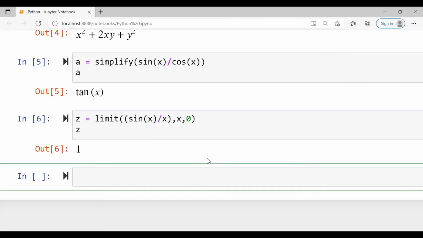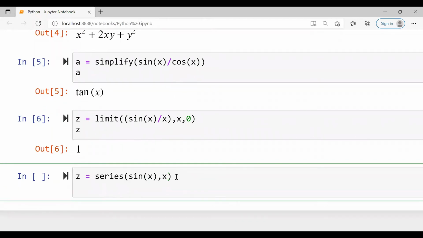Now, let us try to find the series of a function. So z is equal to, we know what is series, series of sin x with respect to x. Okay. Print z.